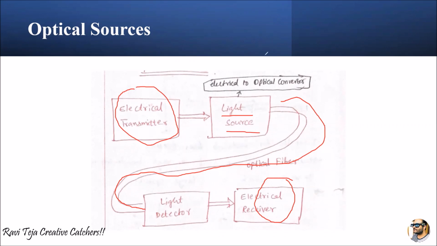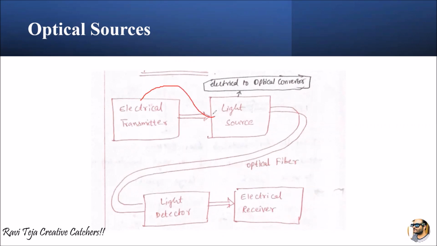The electric pulses transmitted by the electrical transmitter are converted into light by an electrical to optical converter, where light sources are mainly used. Once the electrical signal is converted into light, it is sent through the optical fiber cable and reaches the light detector.